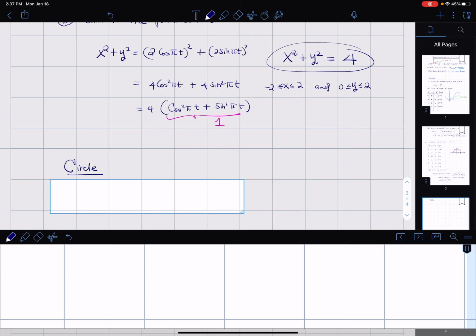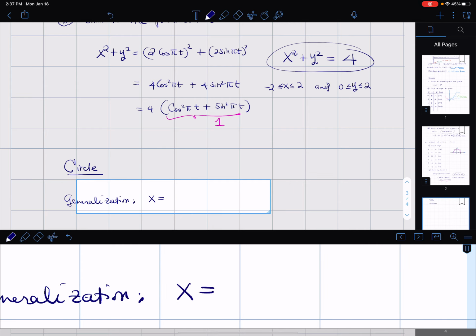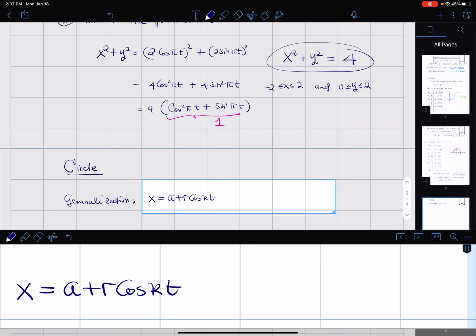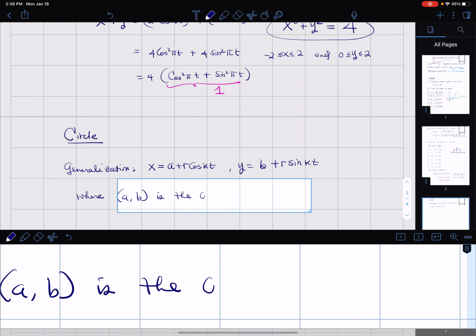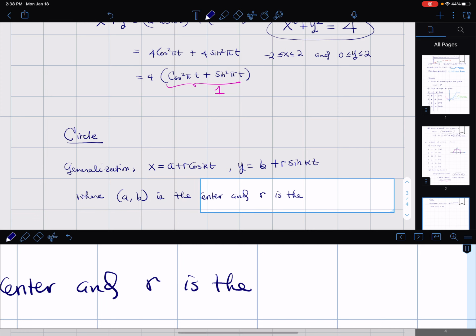The parametric equation of a circle can be generalized as x is equal to a plus r cosine kt, and y equals b plus r sine kt, where (a, b) is the center and r is the radius. Okay?